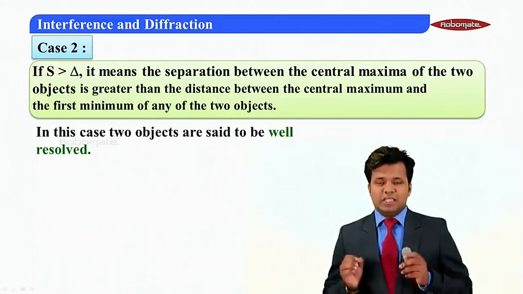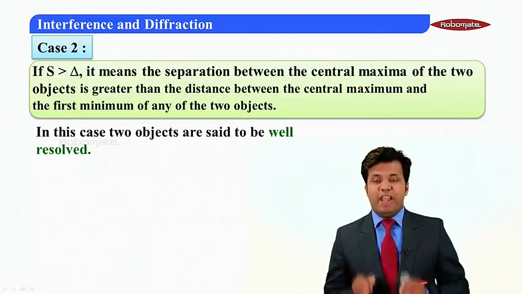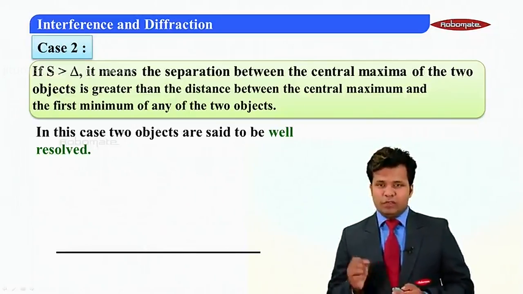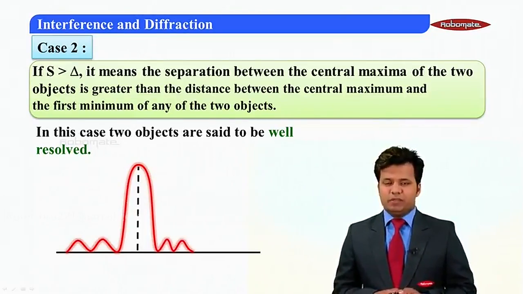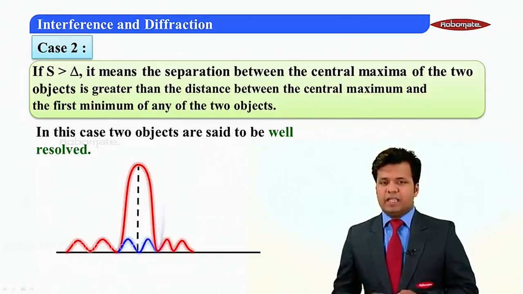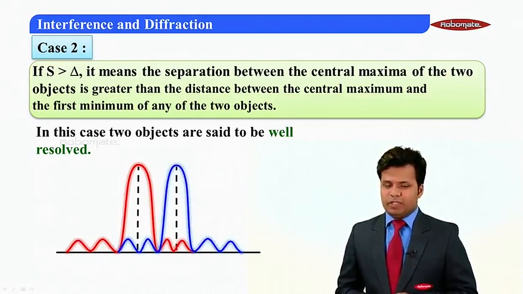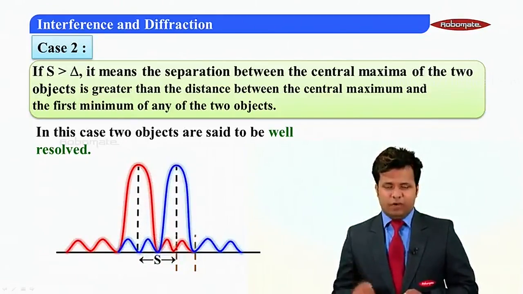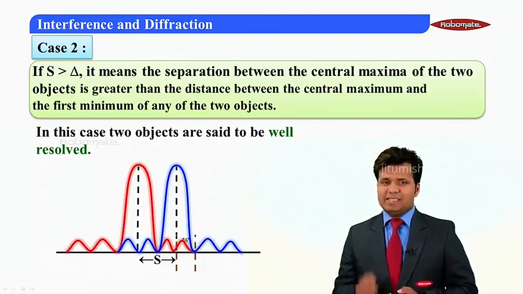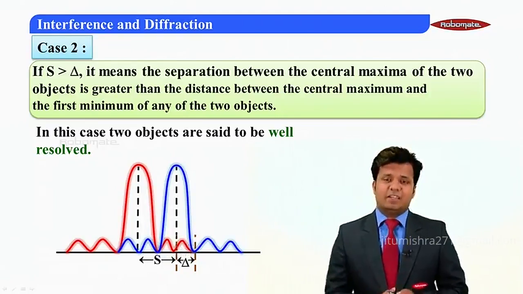We would say the objects are well resolved. They would look far apart, right? They would look distinct. So here is my red wave from one particular wavelength, and here is the other one from another wavelength. These 2 points are appreciably far apart, right? Why? Because S is greater than delta.